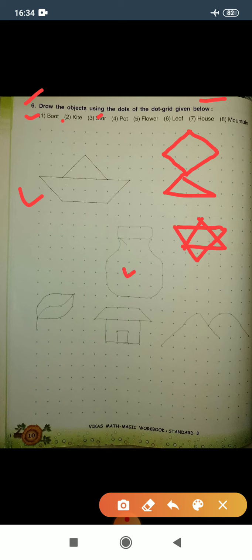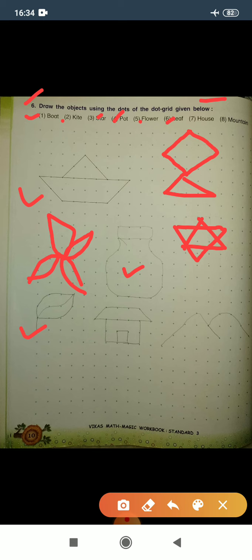So you can see here I have already drawn it. Then flower. Again you can use your own technique to draw flower. After that leaf. So you can observe here I have already drawn it.